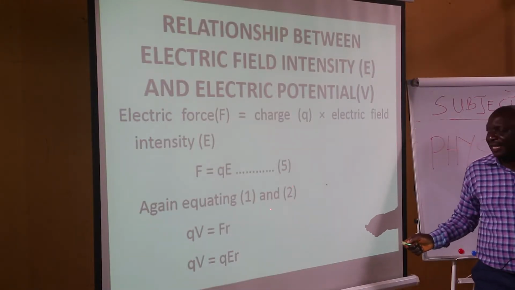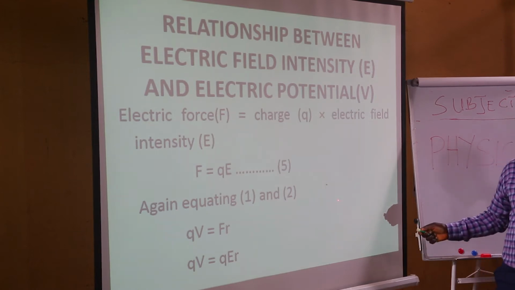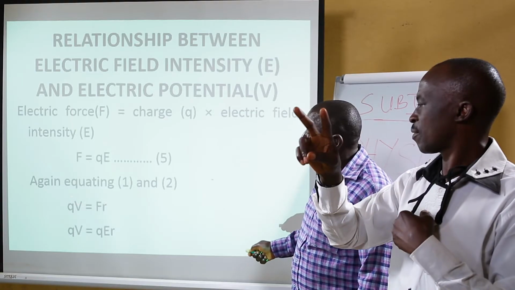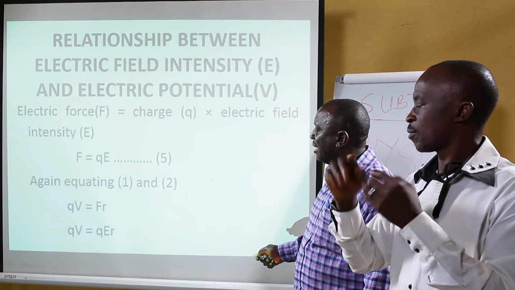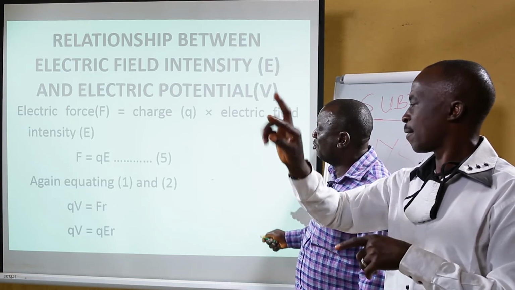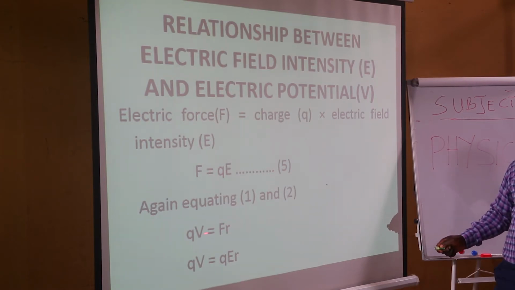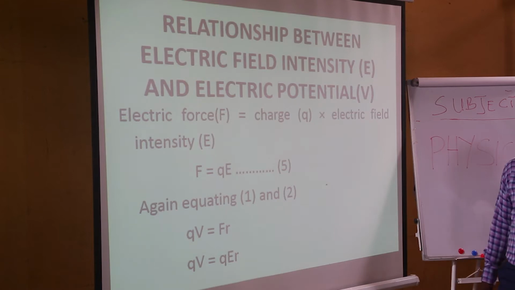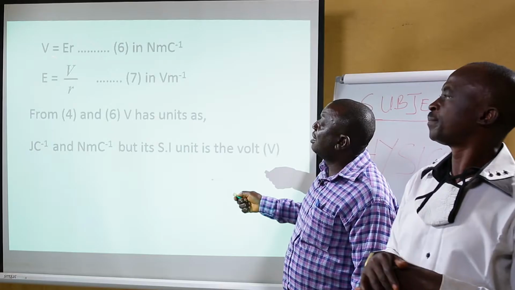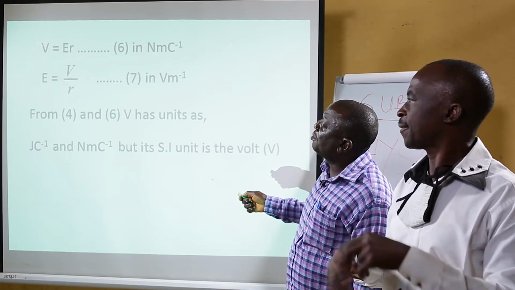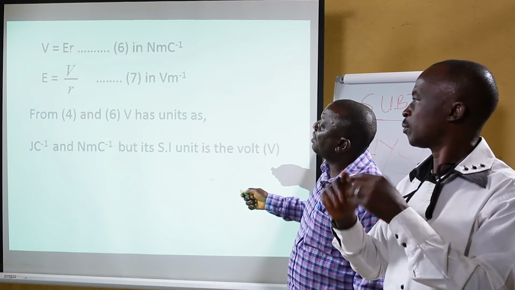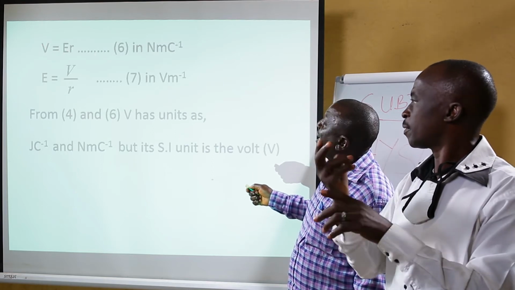Again, if we equate equation 1 and 2, we will have small q V equals capital F times r. Now, if we substitute F equals small q E into this equation, we will now have small q V equals small q capital E times small r. Therefore, we have capital V equals capital E times small r.